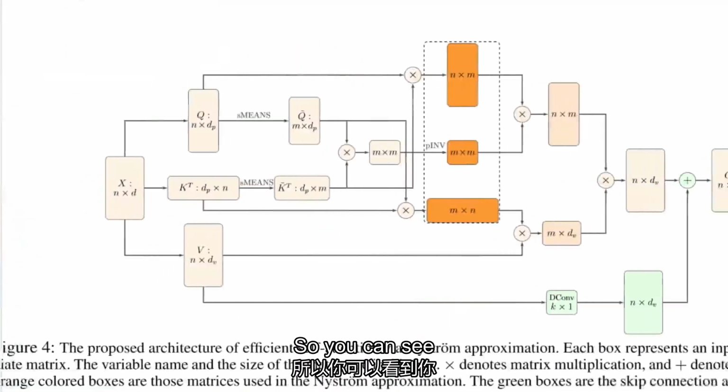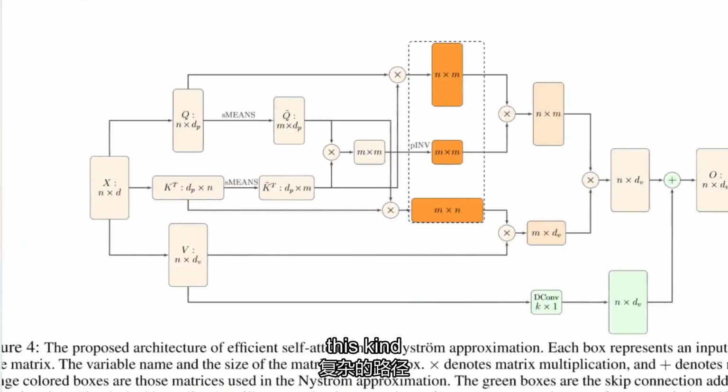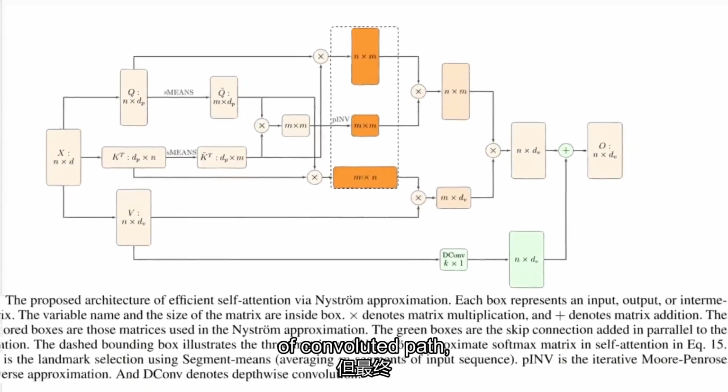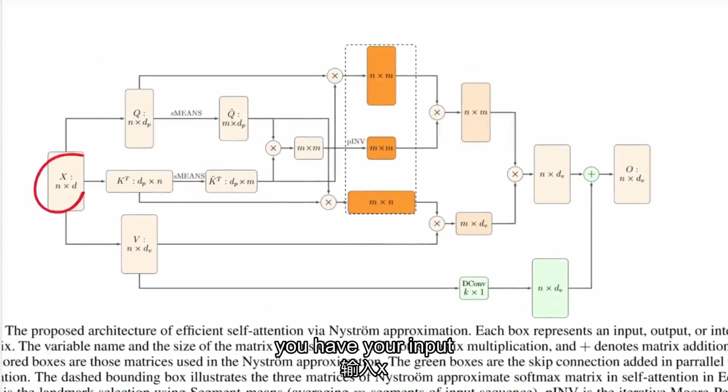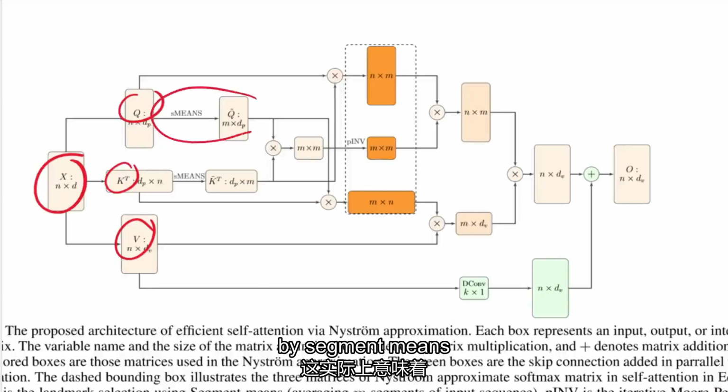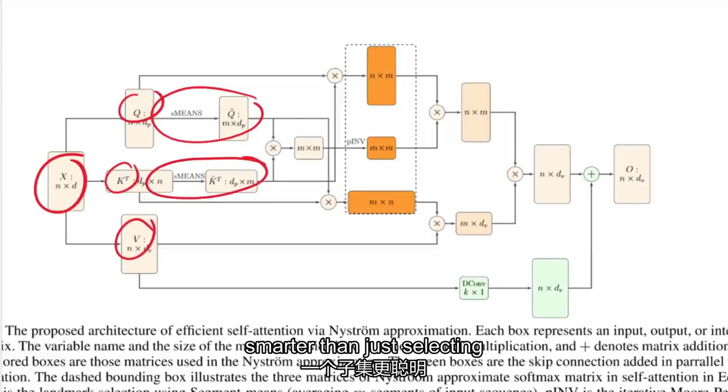And they do show this explicitly down here. So you can see that you have this kind of convoluted path, but ultimately you have your input x, you construct queries, keys, and values, then you select the landmark points, and they select, as I said, the landmark points by segment means. So they actually average out queries and keys to get the landmarks, which I think is smarter than just selecting a subset.